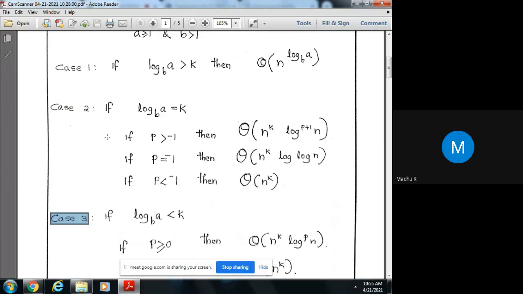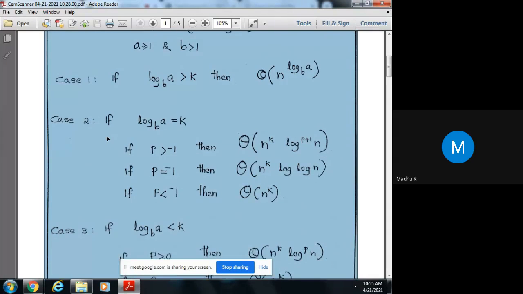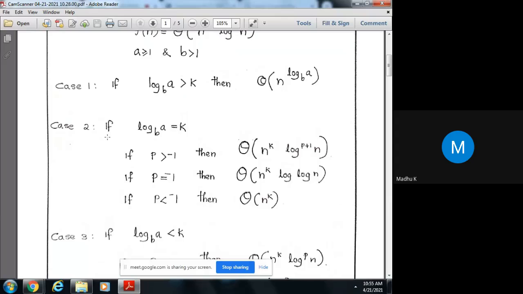We don't want to use the other mathematical analysis that we have done in the previous classes. In the substitution method, we iteratively unfold and do repeated substitution. That is not needed here.